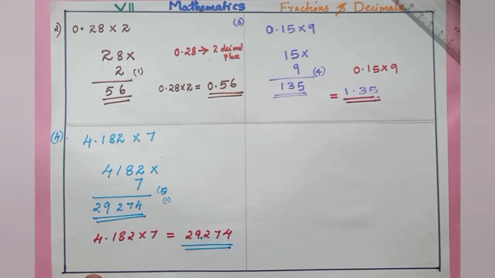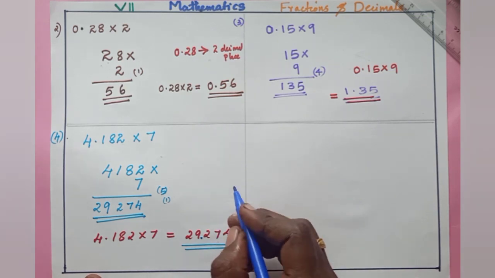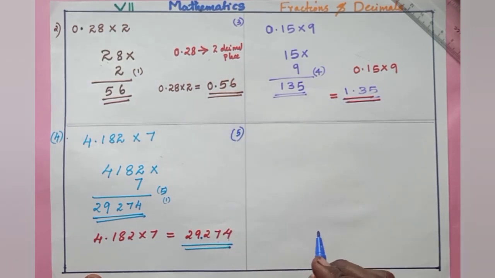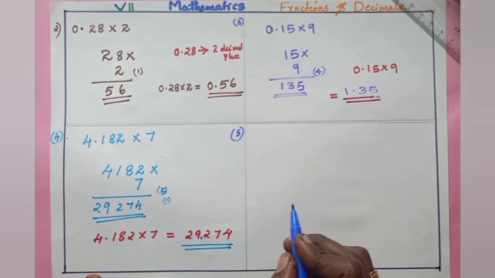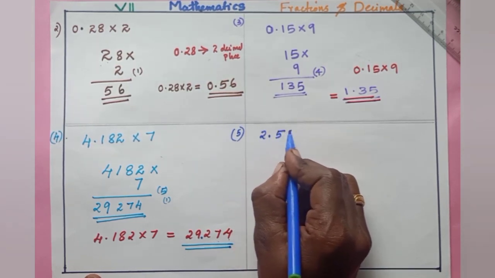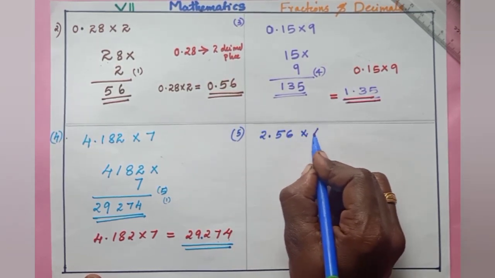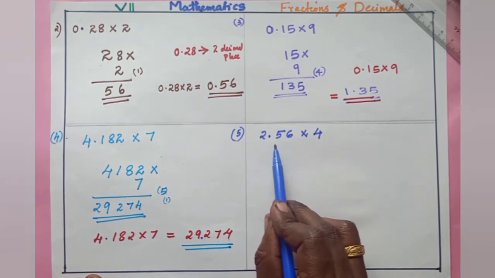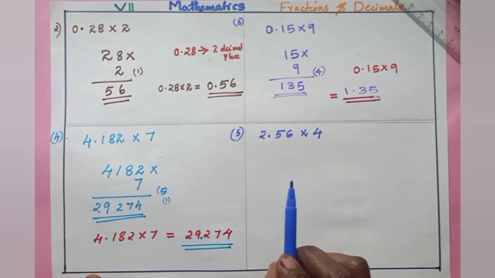Okay, listen to the fifth question. The question is 2.56 into 4. Here the multiplicand is 2.56.